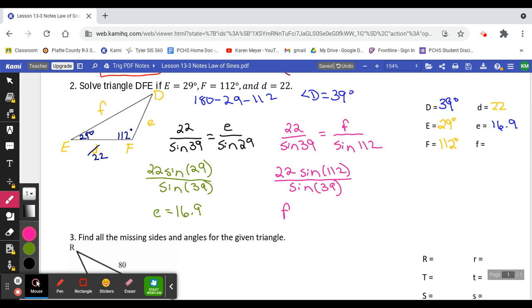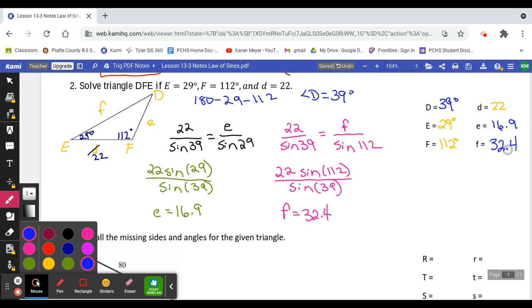So if you type that in, I get F to equal 32.4. Right. So one type of problem you have is where you are given two angles and one side. So that was my example of two angles and one side.